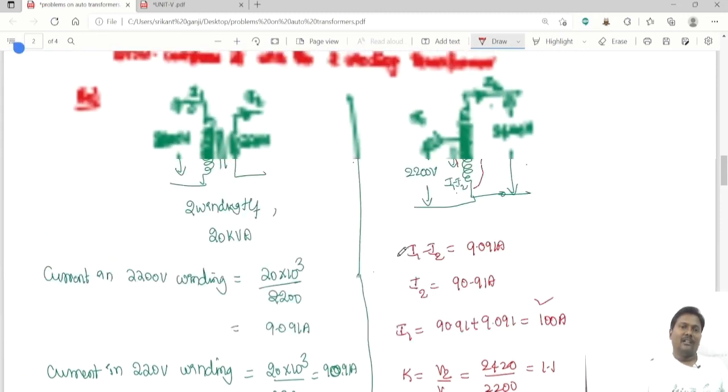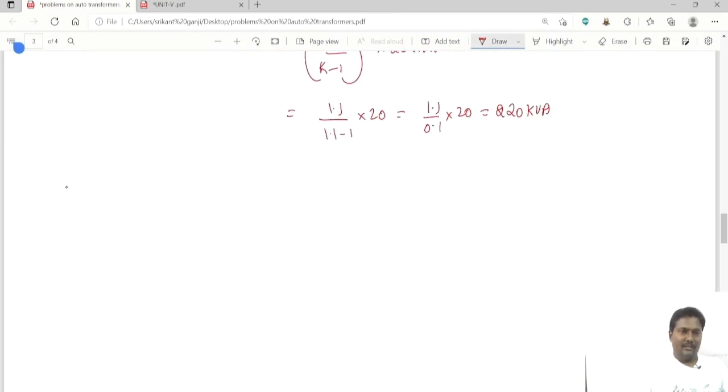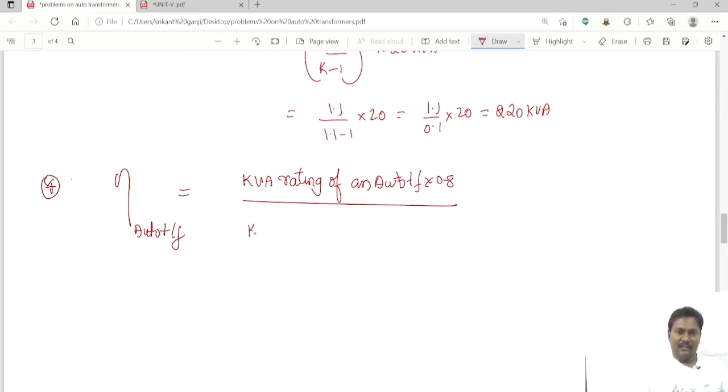So the third part is also calculated, and coming to the fourth part, efficiency is calculated at 0.8 power factor. So the efficiency of the auto transformer is equal to the kVA rating of the auto transformer into 0.8, divided by the kVA rating of the auto transformer into 0.8 plus iron losses plus copper losses, multiplied with 100.